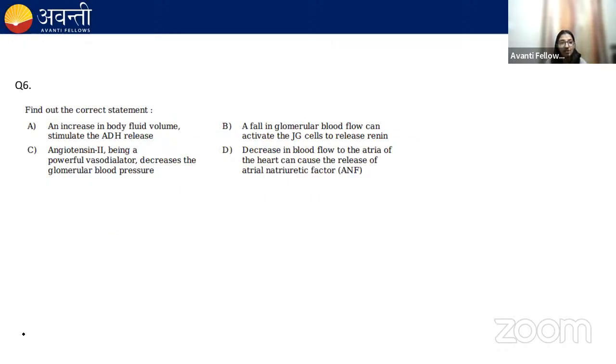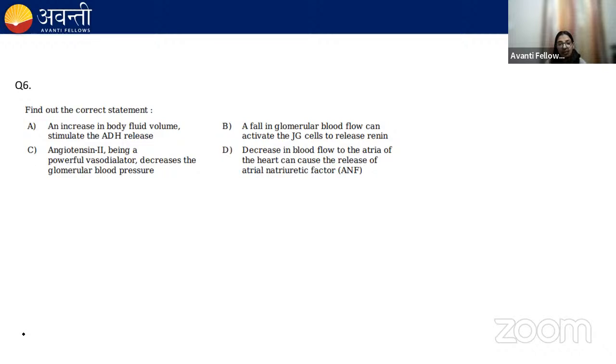Moving next, find out the correct statement. A, an increase in body fluid volume stimulates the ADH release. B, a fall in glomerular blood flow can activate the JG cells to release renin. C, angiotensin II, being a powerful vasodilator, decreases the glomerular blood pressure.